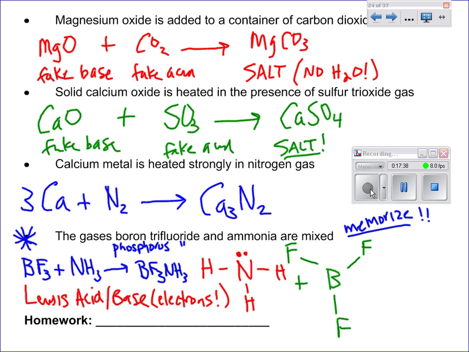Phosphorus has the capability of doing the same thing, but it means it's got a lot of room in its outer shell. So what happens here, these electrons will actually be transferred and shared between the boron and the nitrogen, making a bond. And that's what's going on there. So just shove it together. That's all you have to do. The end.